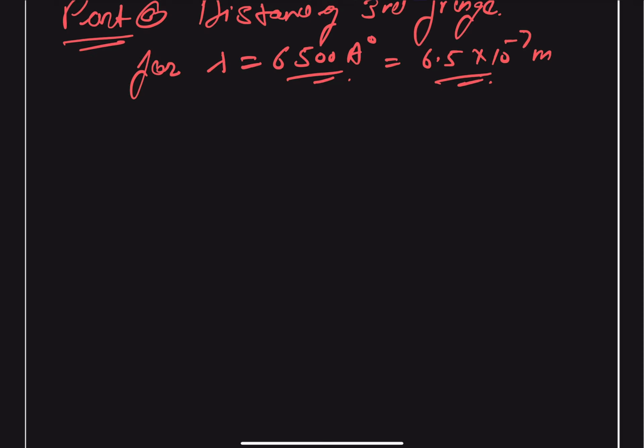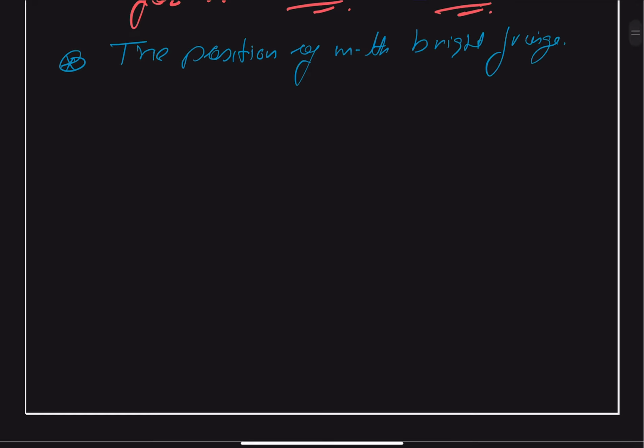So we can write that the position of the mth bright fringe is given as y of m equals m lambda L divided by small d, and this y of m is the distance from the central maxima.